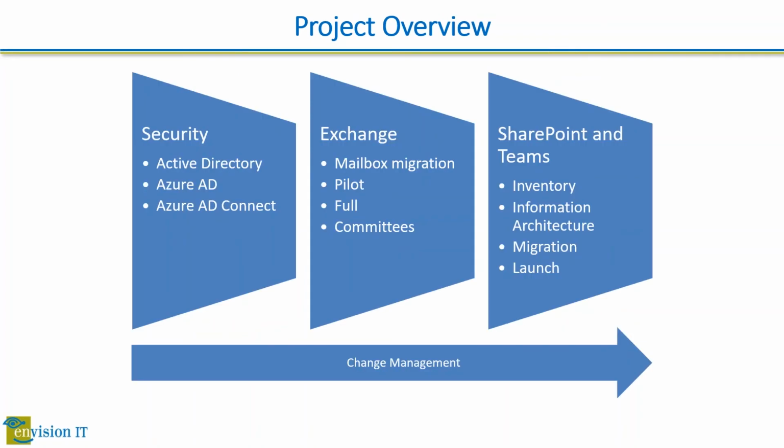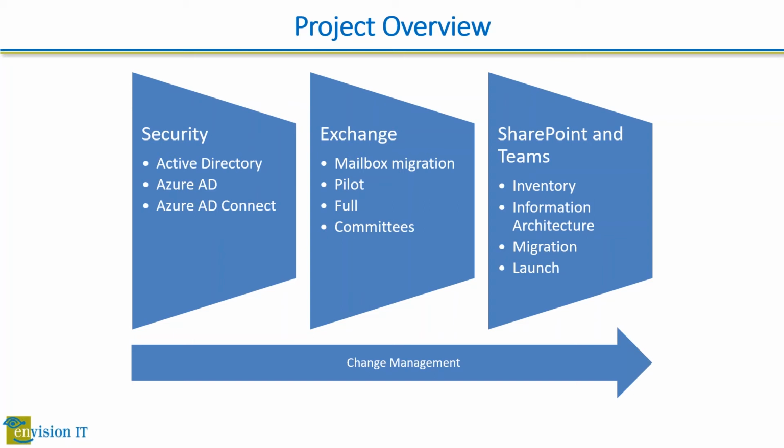So if we look at the steps through there, while I said Exchange is where you generally start with a mailbox migration, often what's overlooked is looking deeper at the security side as well. What shape is your Active Directory in? Azure AD and Azure AD Connect are a very important piece of the Microsoft 365 puzzle, so make sure that's all appropriate. There may be some changes, things like multi-factor authentication, which we'll talk about in a minute, to greatly improve the security of your Microsoft 365, and that does have an impact on user experience.